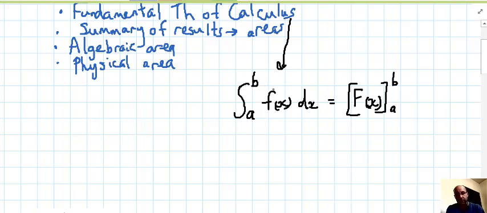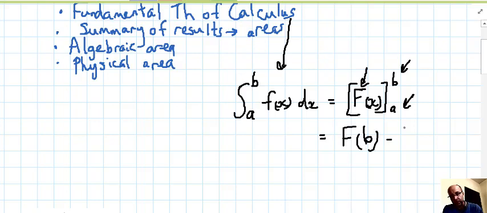The integral of f of x dx, some function between limits a and b, is the definite integral with the upper limit and the lower limit substituted in and subtracted. The capital F is the primitive or the integral, and we've seen this in some of our work and calculations.